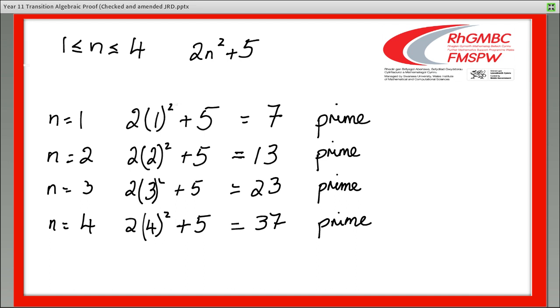So we just need to be careful. I think if n is 9, it doesn't work. It comes out as 9 9's 81, 162, 167, which isn't prime. So as soon as you get to 9, this formula doesn't work anymore.